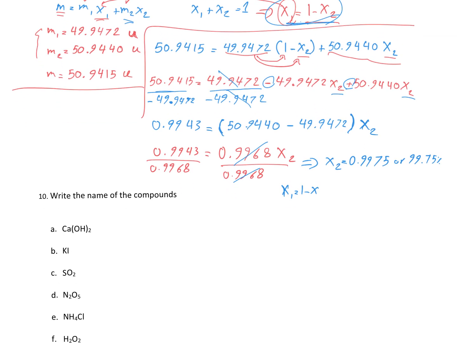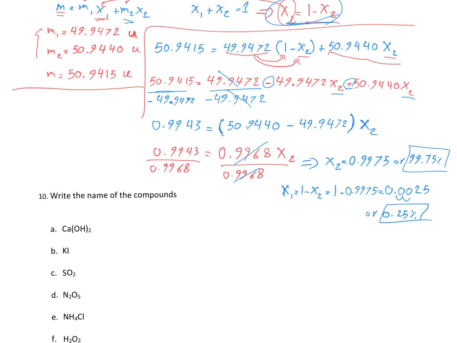Okay, so x1 is 1 minus x2, so 1 minus 0.9975 is 0.0025. Or if you want it in a percent form, so you just move the decimal place 2 digits, right? So it's 0.25%.